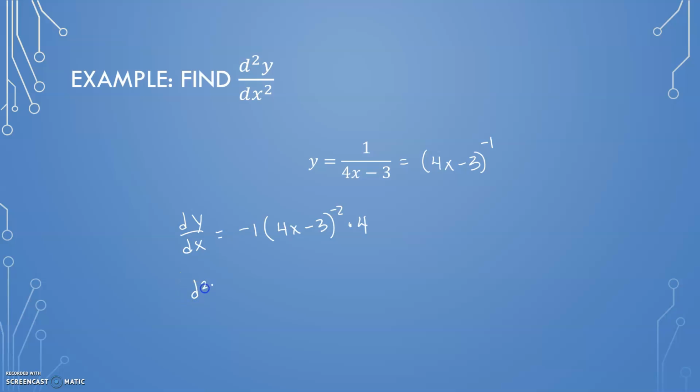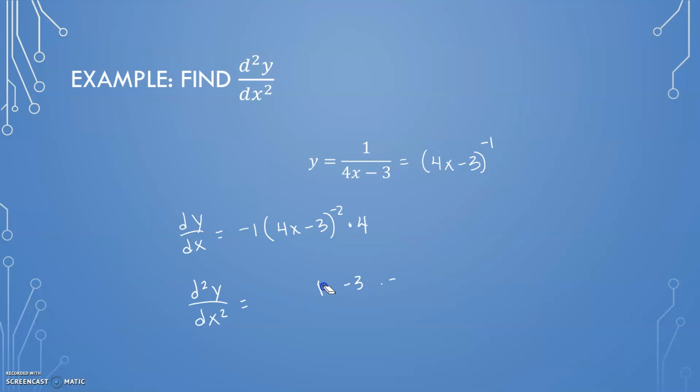And then if I want to take a second derivative, that would be negative 4 times 4x minus 3 to the negative third power. Oh, I forgot to multiply by negative 2. Let's start over again.